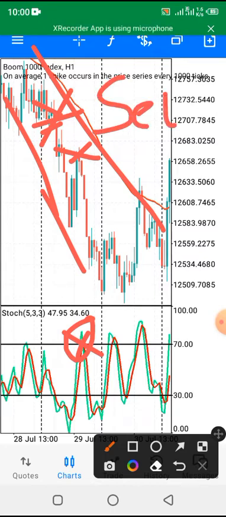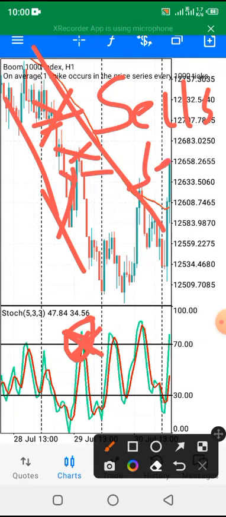The crossover happened in the 70 region, which means price is overbought. You can see that push to the upside. This is why you sell. You sell and hold the trade till here, with stop loss just above there.